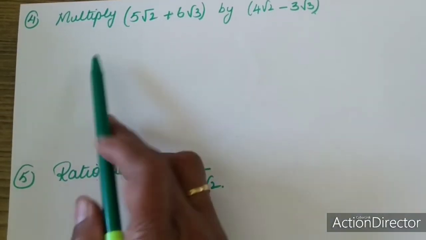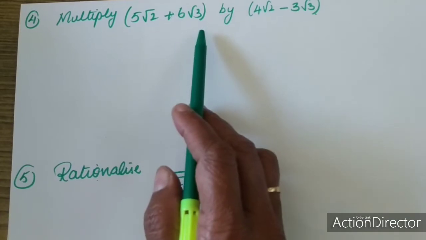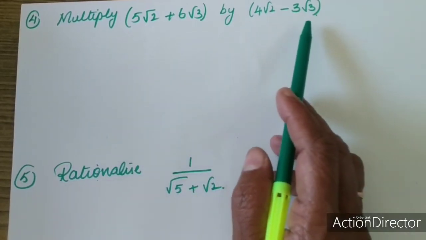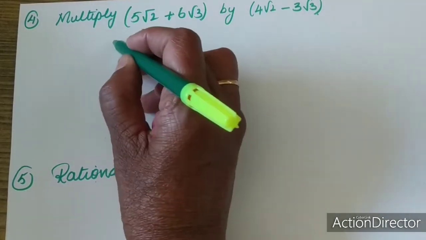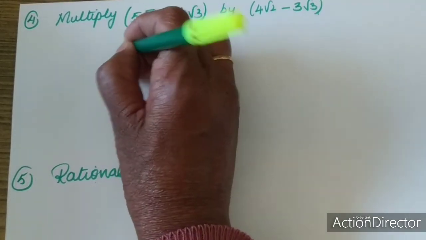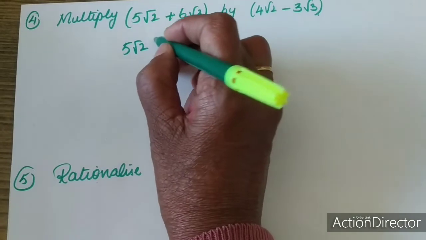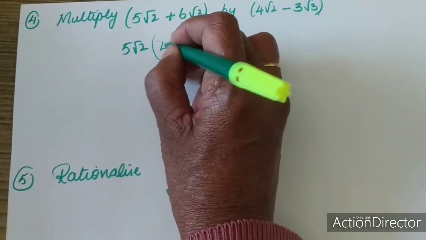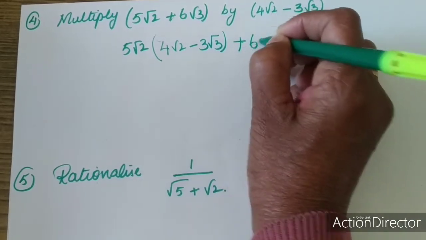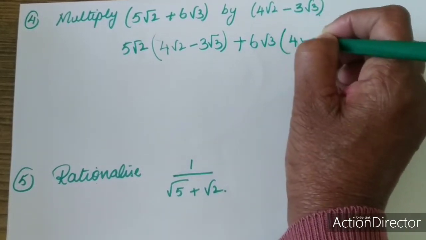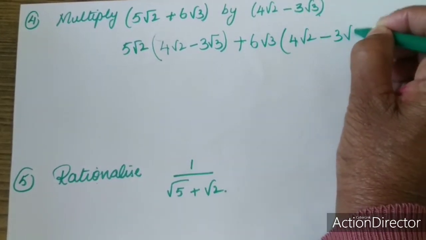Next question. Multiply 5 root 2 plus 6 root 3 by 4 root 2 minus 3 root 3. So this is a binomial multiplication. First let me take 5 root 2 multiplied by the second expression 4 root 2 minus 3 root 3, plus 6 root 3 multiplied by 4 root 2 minus 3 root 3.